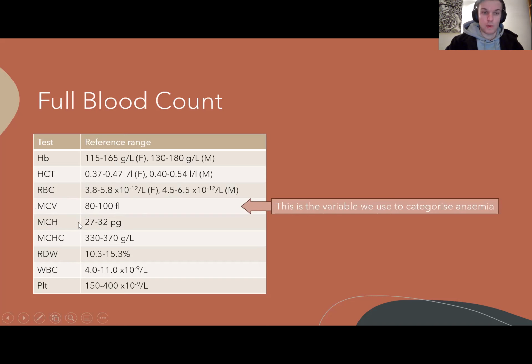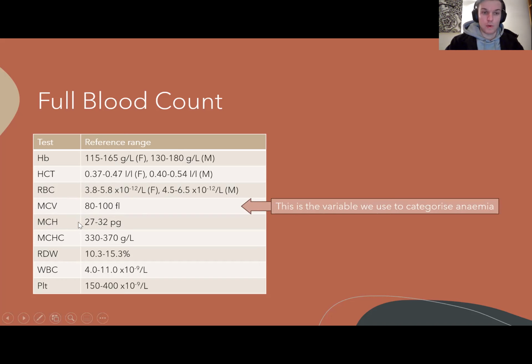If it's less than 80 femtoliters in size, so you've got little red blood cells, the acronym that we use is TAILS, and that stands for thalassemia, anemia of chronic disease, iron deficiency anemia, lead poisoning, and sideroblastic anemia.